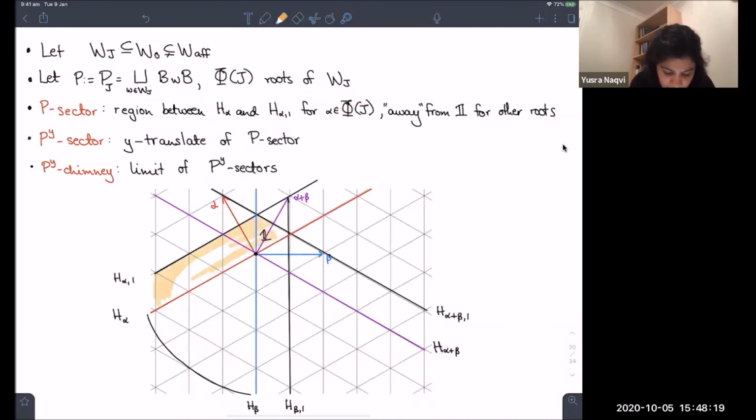And then I would actually be moving in the negative beta direction, or really in the negative direction for all the other roots. So I want to move away from 1 relative to the directions beta and alpha plus beta in this case. And this is what gives me a PY sector.